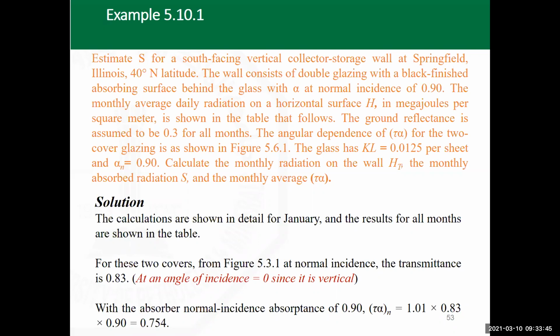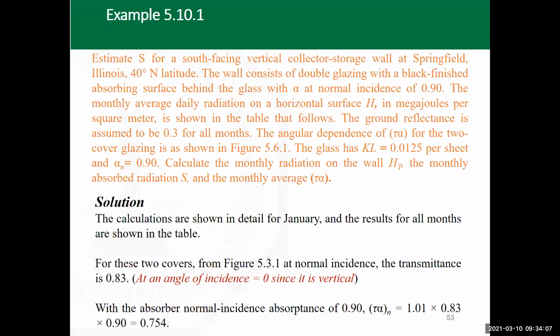Which one of the collectors has received a higher rate of energy? Is it the single glazing or the double glazing? Now, without the calculations, who can tell me which one of them is going to result in a higher value of S?